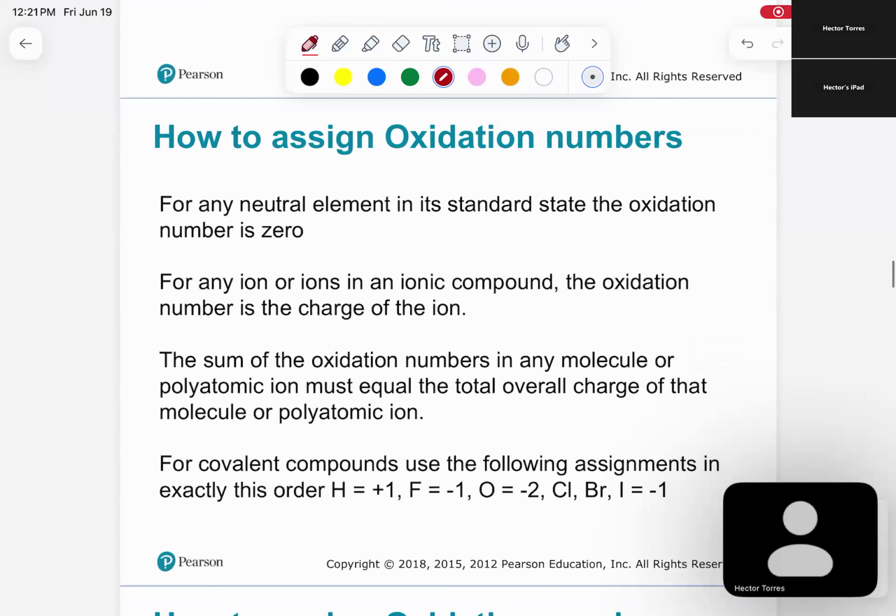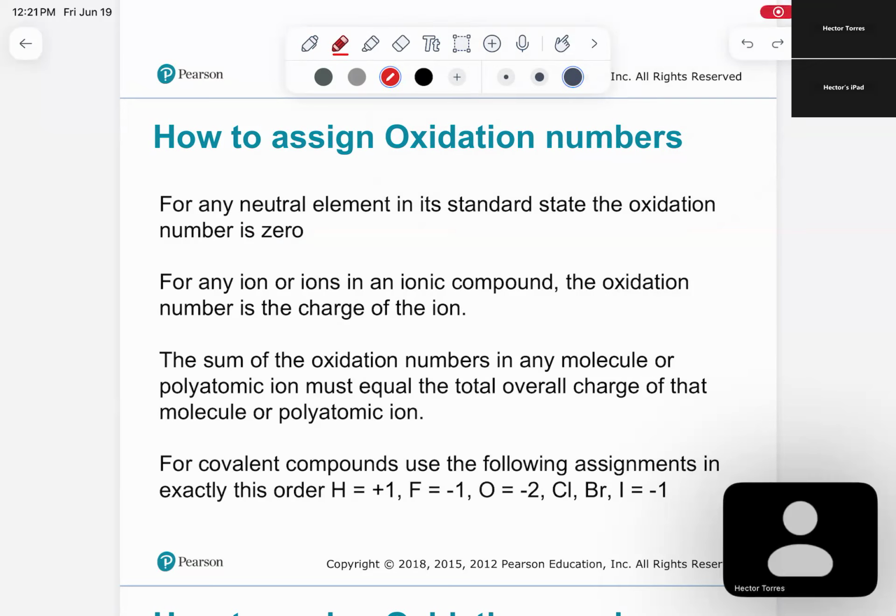So how do we assign oxidation numbers? Here are some of the rules. For any neutral element in a standard state, the oxidation number is 0. These ones are actually my favorite because 0 is pretty easy to tell. If anything is neutral or by itself, it's going to be 0.